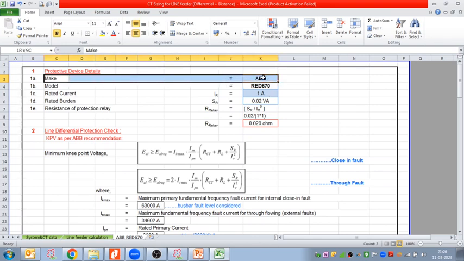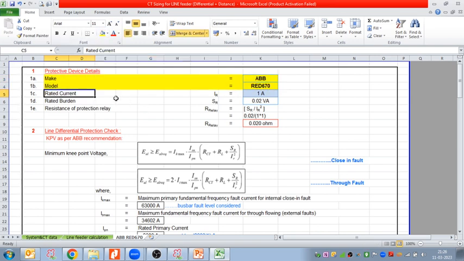The make of the relay we put here, then the model RAD 670. These two cells are clear to everyone. Rated current, the relay rated current, means relay current on the CT secondary side. The secondary current is 1 ampere, so the relay current would be 1 ampere.